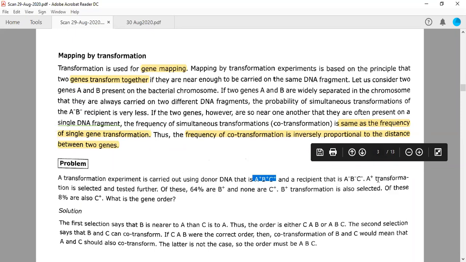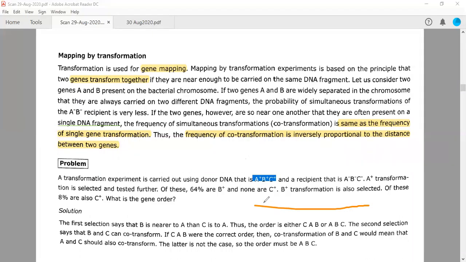So for A positive, the B positive frequency is 64. It is showing that A and B are very close together. Since there is no C positive, you can make a DNA fragment. Suppose this is a DNA fragment. This is gene A, this is gene B. They are closely present, meaning the frequency is 64%: A positive cells will have B positive.